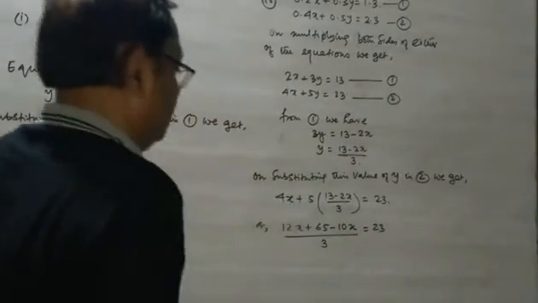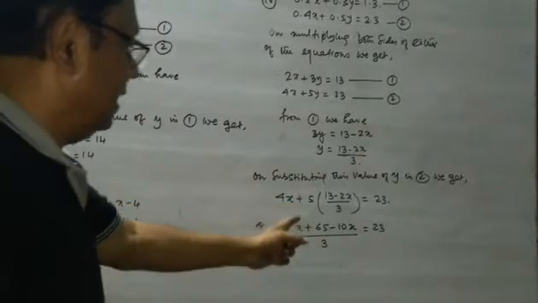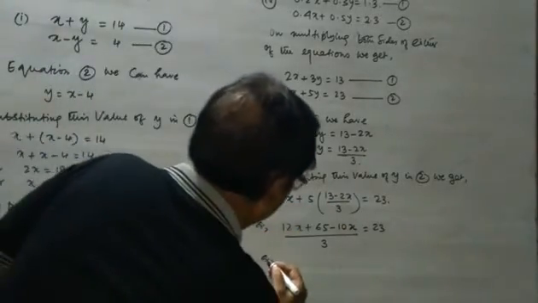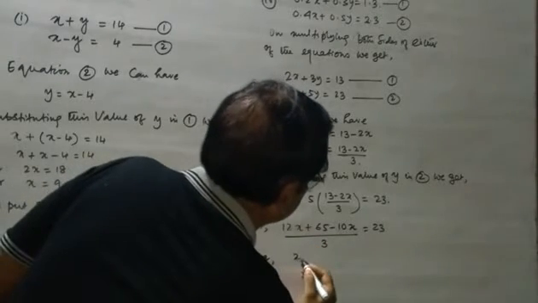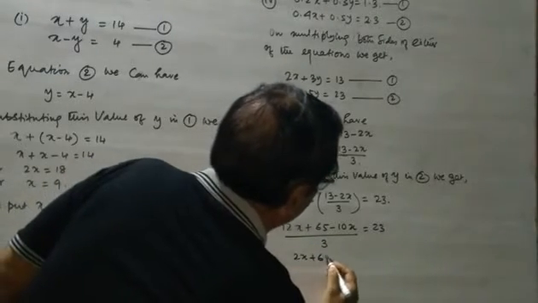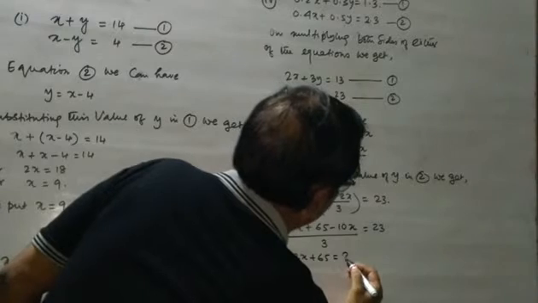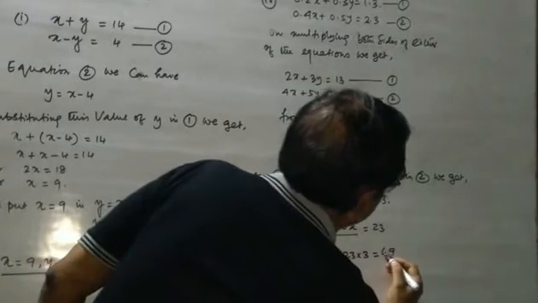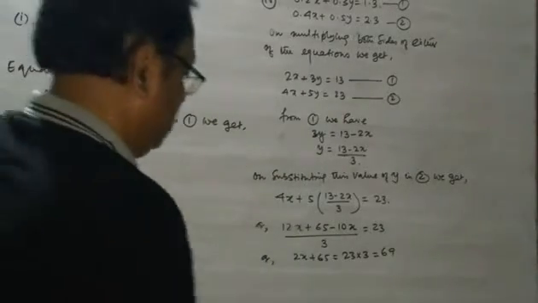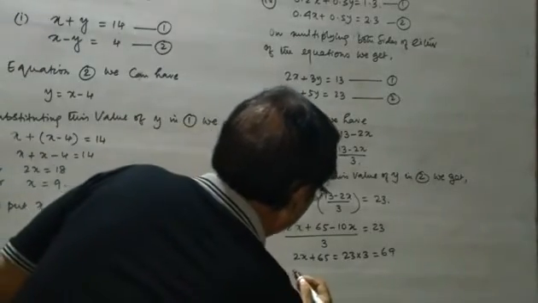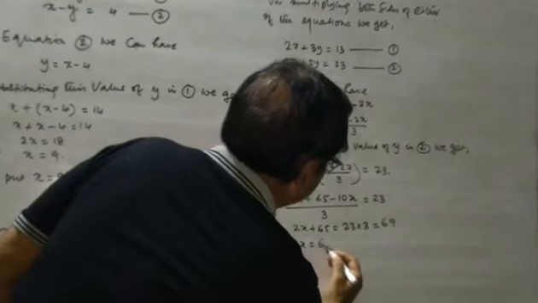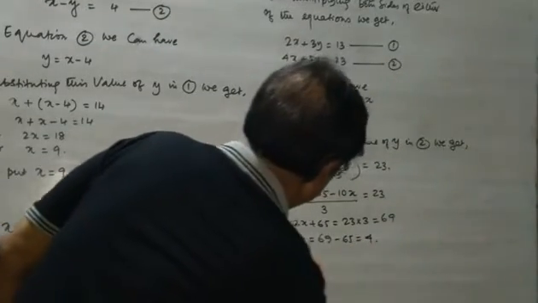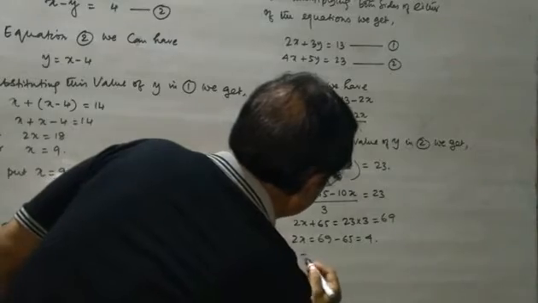For 12x we have taken LCM, and then it is 65 minus 10x, or 2x plus 65 is equal to 23 into 3, that is 69, or 2x is equal to 69 minus 65, you will get 4, or x equals to 2.